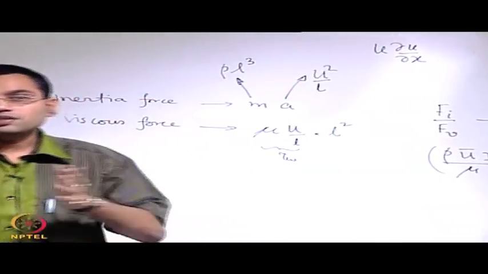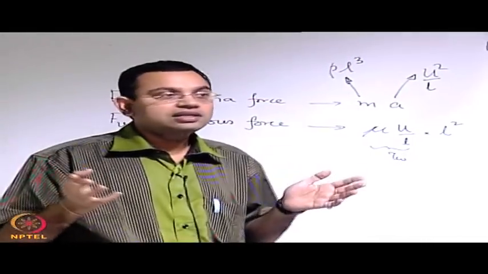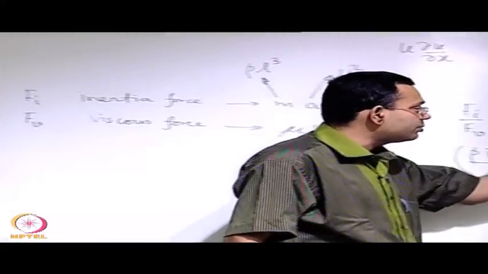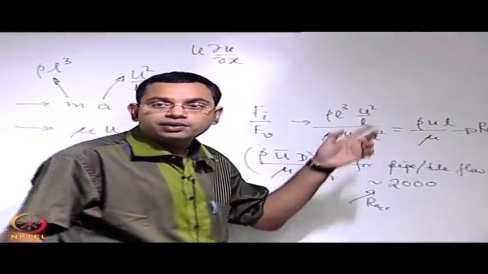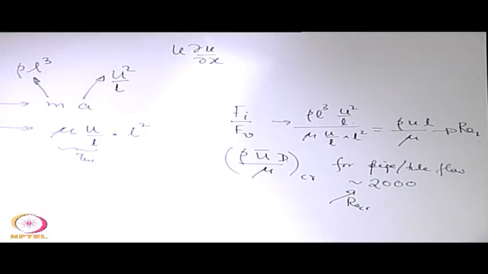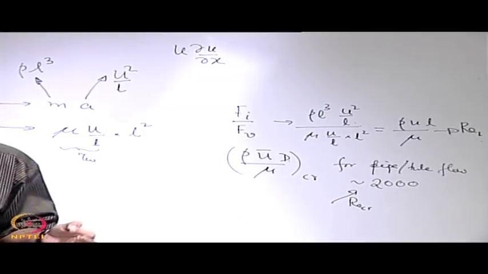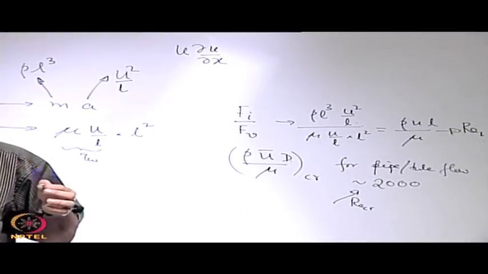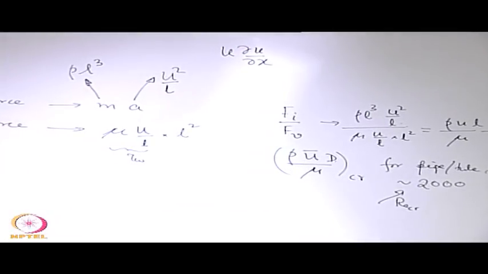More importantly, it is not the viscosity but viscosity by density, the kinematic viscosity. The kinematic viscosity is a property which tends to diffuse a disturbance in momentum in the flow, and if that diffusion is very successful, then what happens?